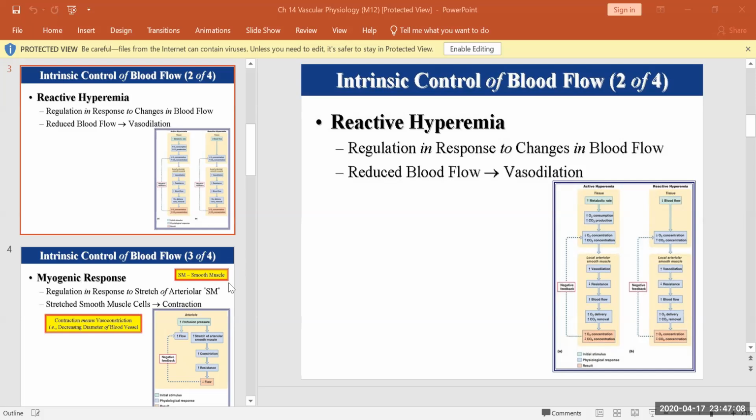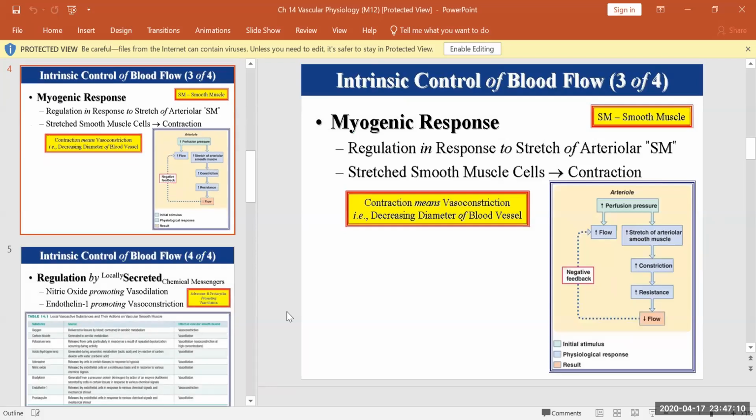The third intrinsic mechanism that blood vessels have is very similar to the heart. Remember, in the wall of the blood vessels, we have smooth muscle. You must have learned this from anatomy.